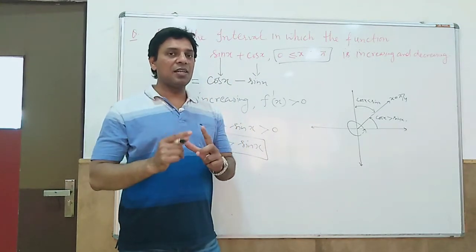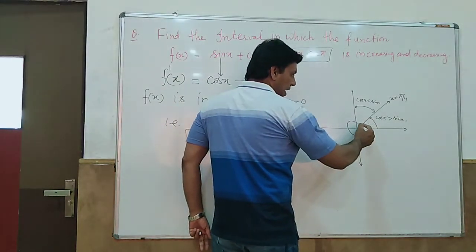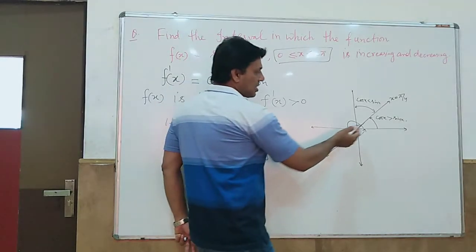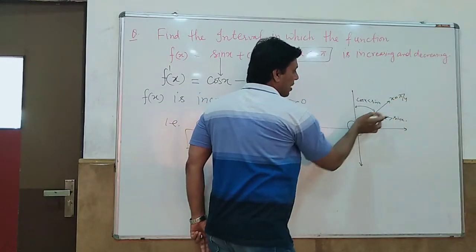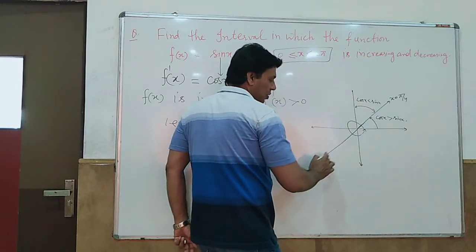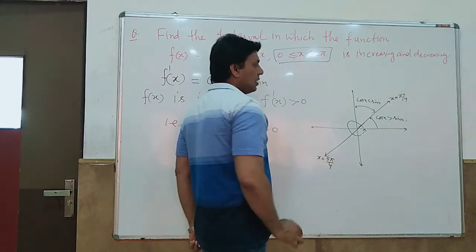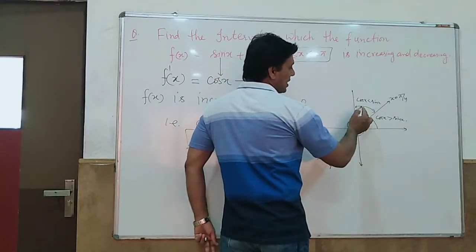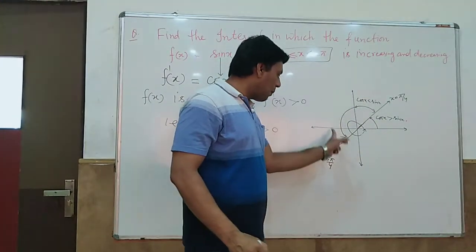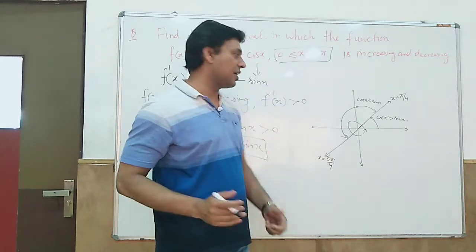But if you check, you will find that if I exceed this line in this quadrant, because this is x equal to pi by 4 and this line is pi plus pi by 4, that is x equal to 5 pi by 4. From pi by 4 to 5 pi by 4, cos is always less than sin x, you can check it.